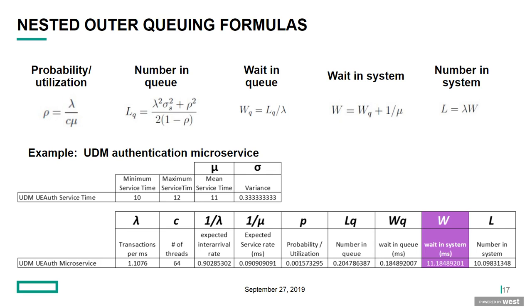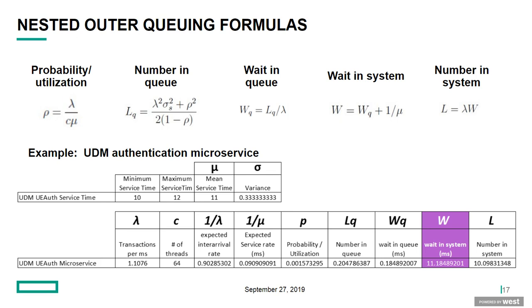So to calculate your probability or utilization, you would divide the arrival rate by the expected service mean time times the number of threads.